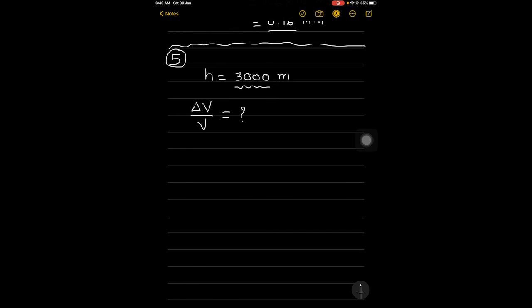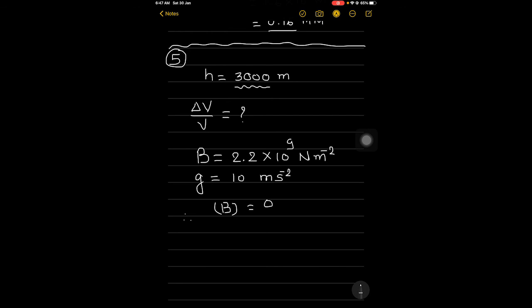Given that the bulk modulus of water, so we are provided the bulk modulus of water B as 2.2 into 10 raised to 9 Newton per meter square, and g is to be taken as 10 meter per second square. So from this we have the equation, bulk modulus is equal to force over area upon strain.